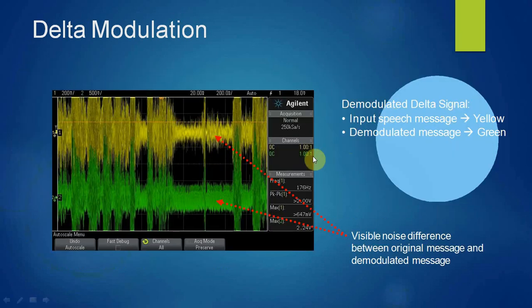In the demodulated output, in this figure and this figure, you can easily see the noise difference between the original message and the demodulated message.